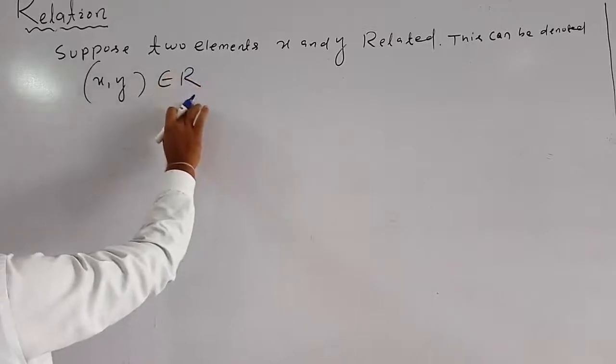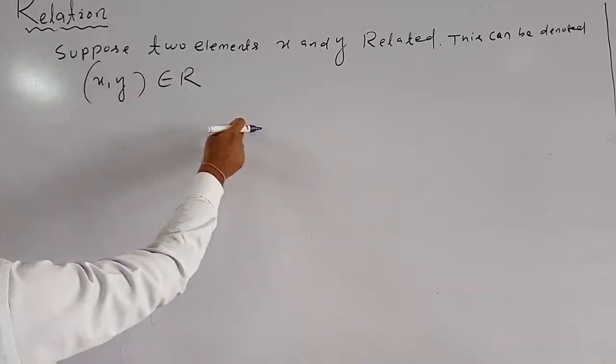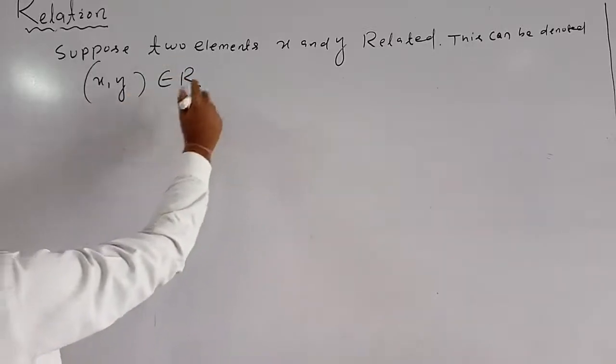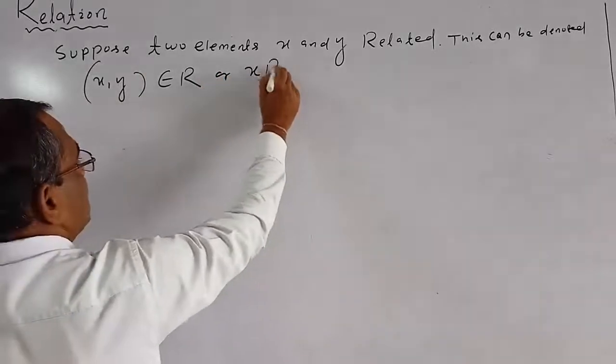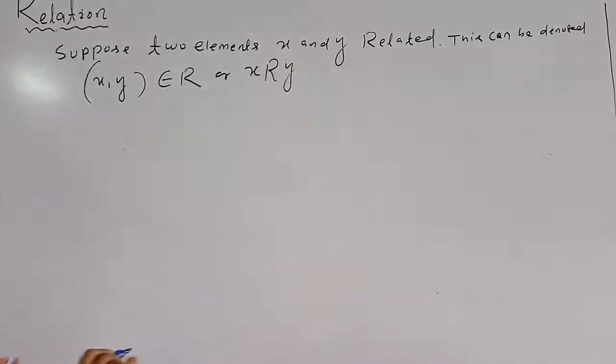Here R is a relation. x related to y means (x, y) belongs to R. So by taking an example we can understand.